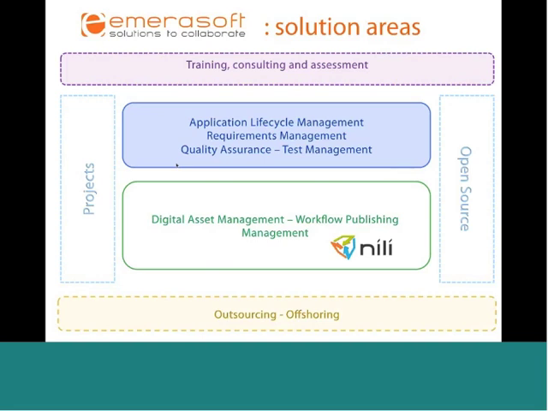Nili is our publishing and e-publishing division that deals with workflow publishing management. We also do training and consulting for these two departments, and we also participate in open source projects and so on.